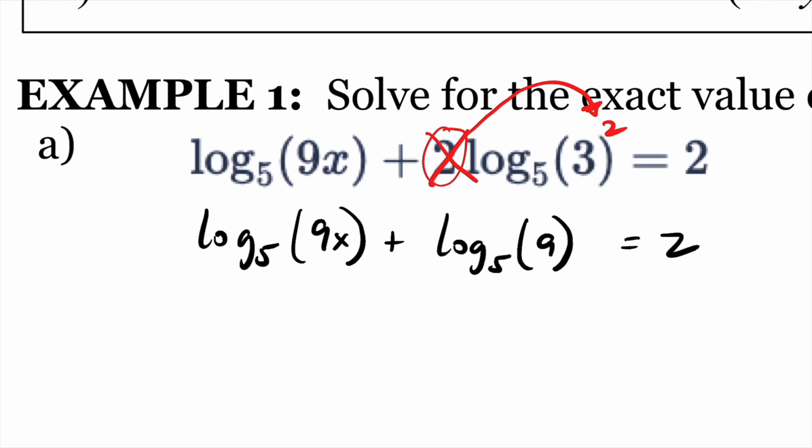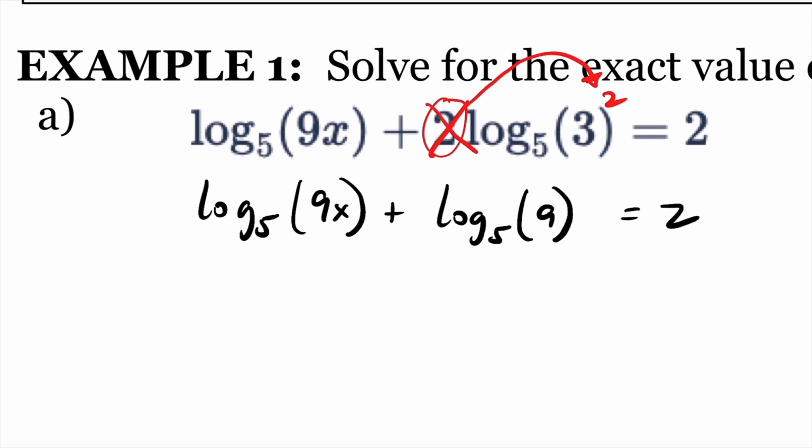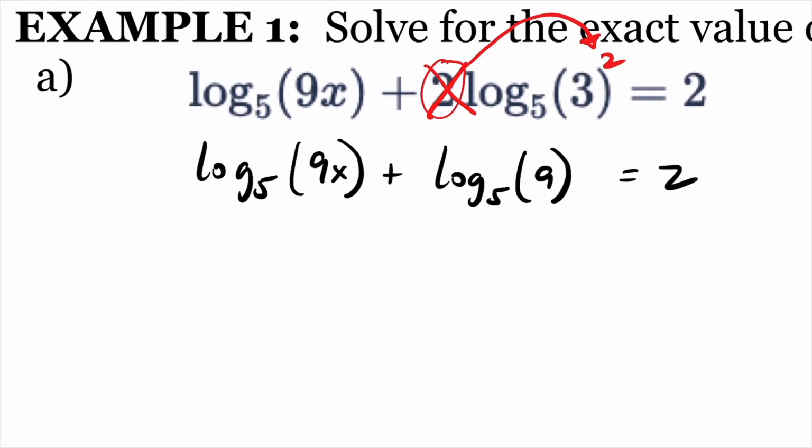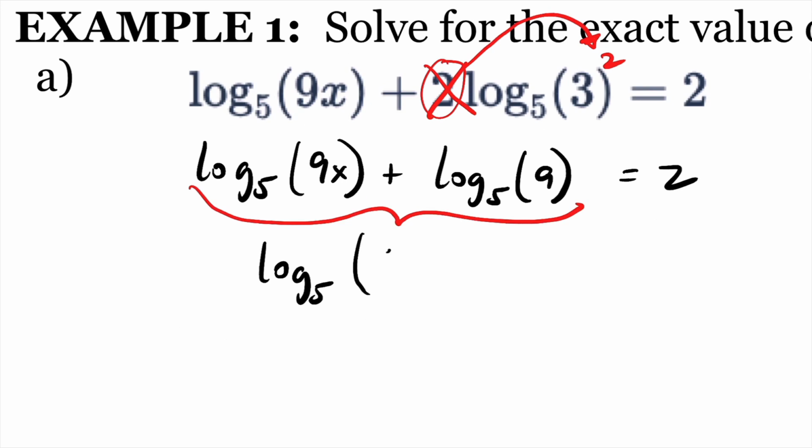Now let's use the product. Product says join them, but instead of addition, we're going to use multiplication. So I'm going to have log base 5, only one of those, and I'm going to have 9x times 9, kind of like you guys did on Delta Math yesterday. Okay. 9 times 9 is 81.